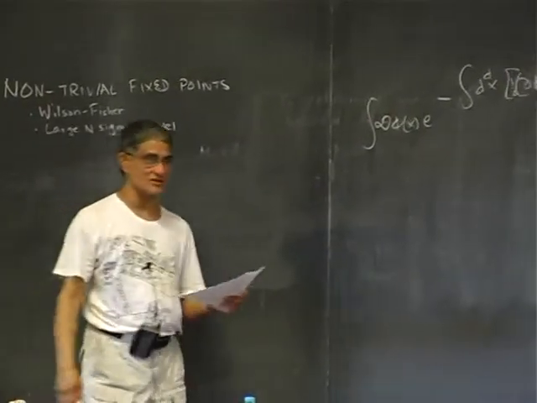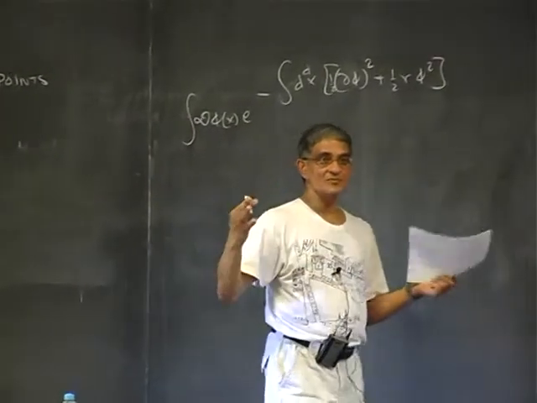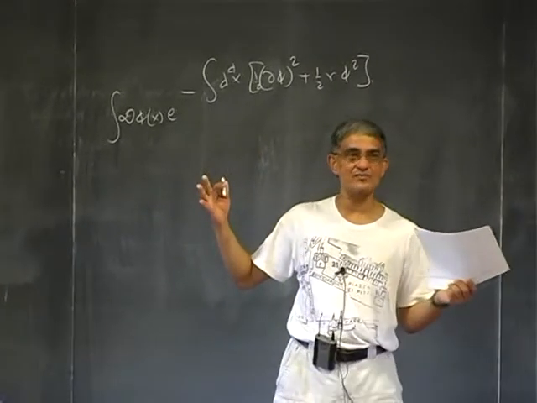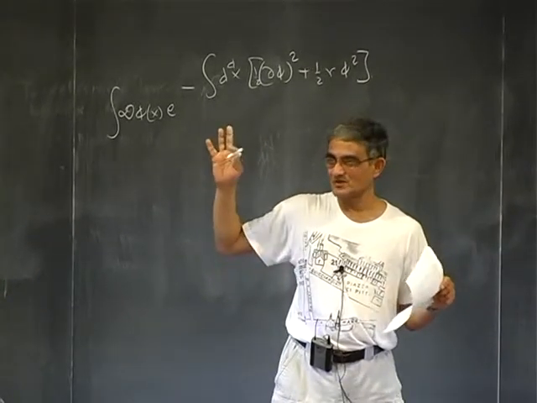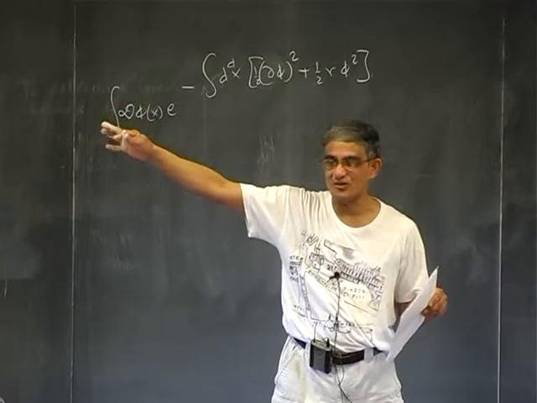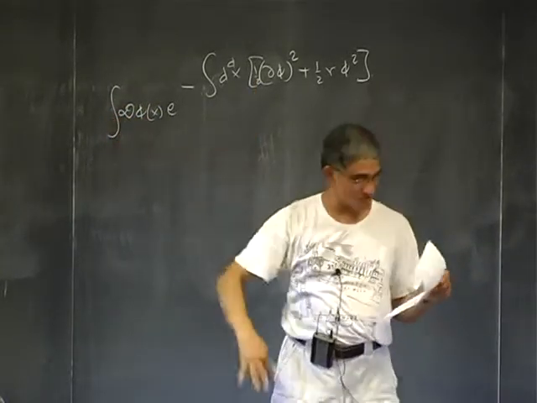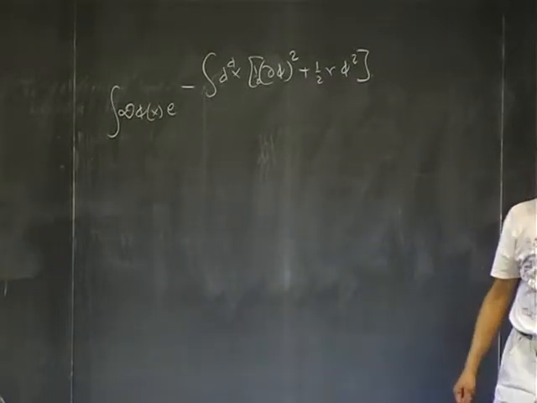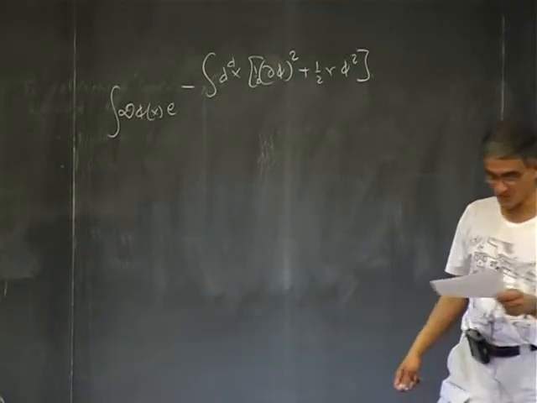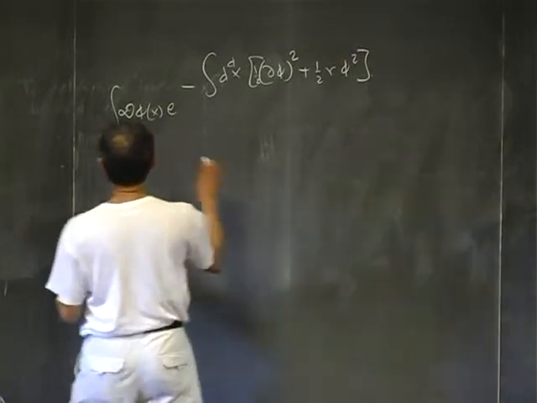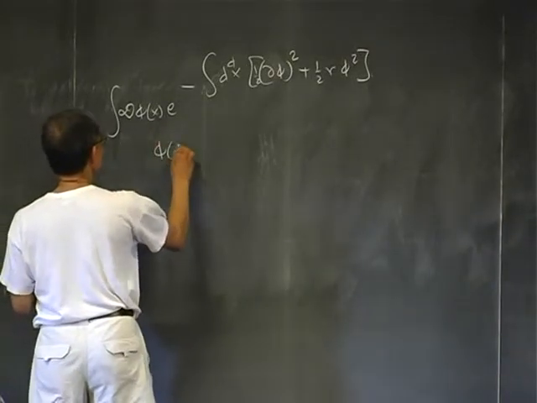I am ignoring all the other things, as you already noticed. I haven't written grad square phi whole square because it turns out there are other interesting fixed points which correspond to grad square phi whole square being held fixed, but I will not discuss those. Those are called Lifshitz fixed points. Okay? And then we wrote that in momentum space.